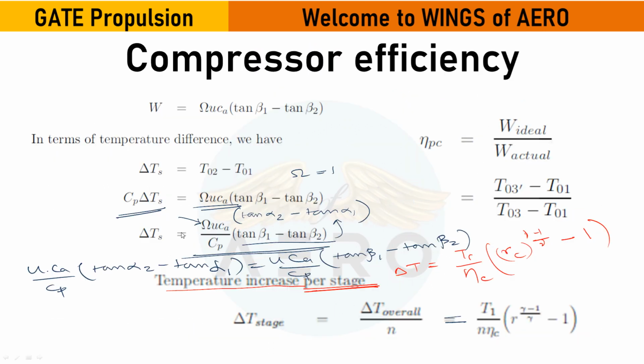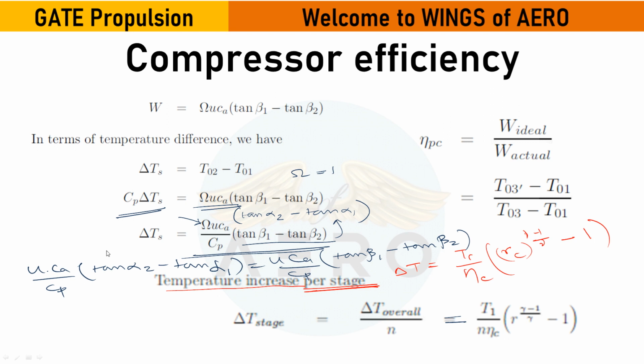This is the formula we got. We know the compressor work done, the difference in the stage is T02 minus T01. In other words, work done is Cp del Ts. So we are just equating this equation with this equation.